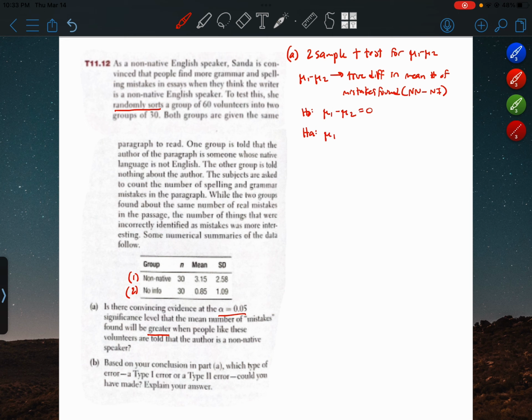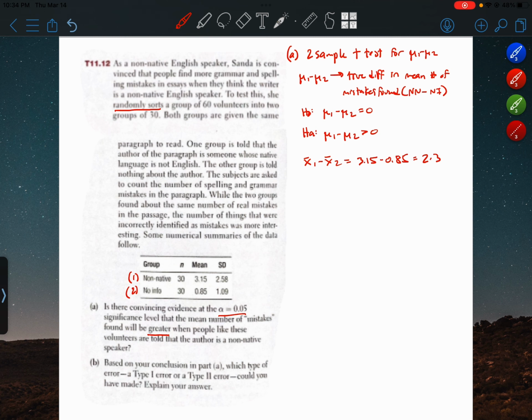So that'll be mu1 minus mu2 greater than 0. Our statistic is x bar 1 minus x bar 2. So 3.15 minus 0.85, which is 2.3.